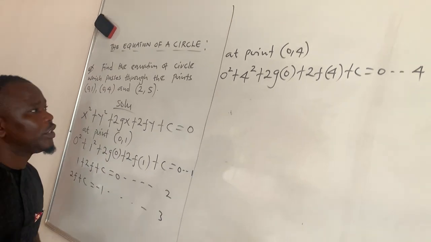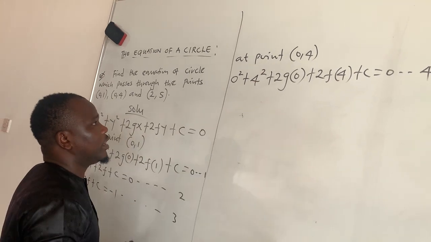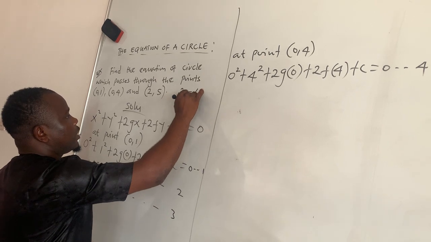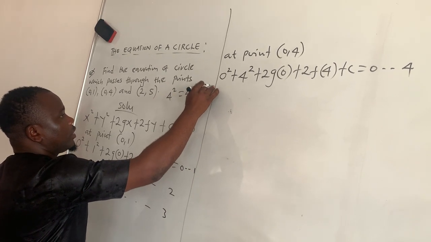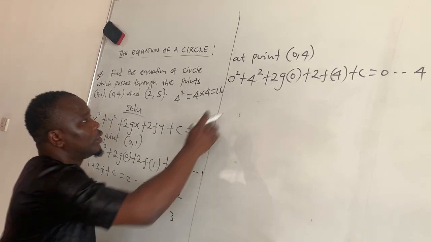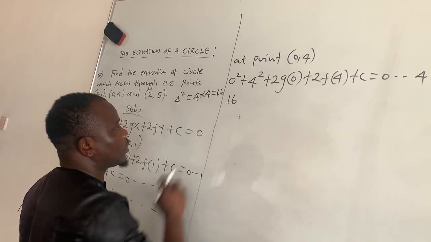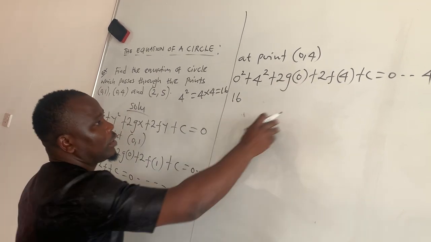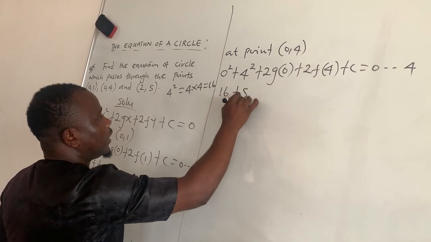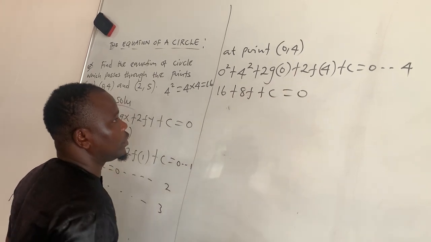If you agree with me, this is 0, and 4 raised to the power of 2 is the same thing as 4 times 4, which is equal to 16. Is that clear? So here will be 16, then 2g times 0 will give us 0, and 2f times 4 will give us plus 8f plus c equals to 0.